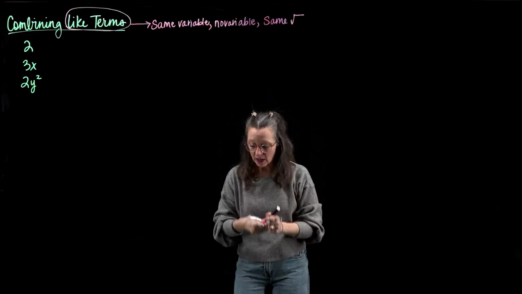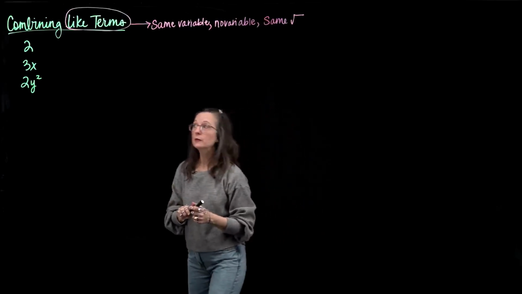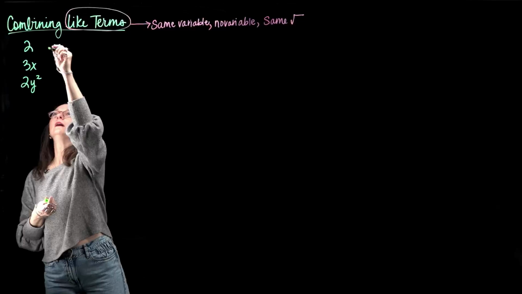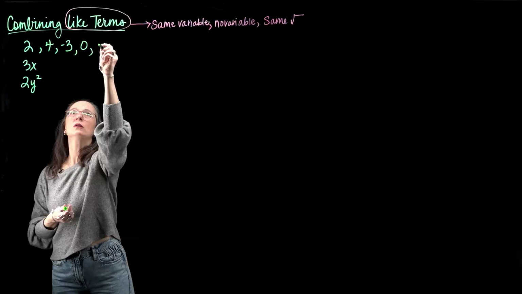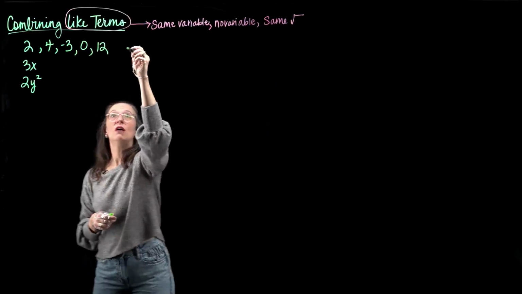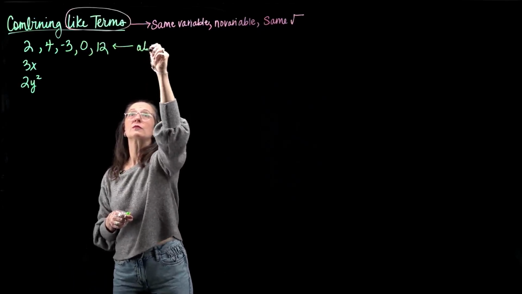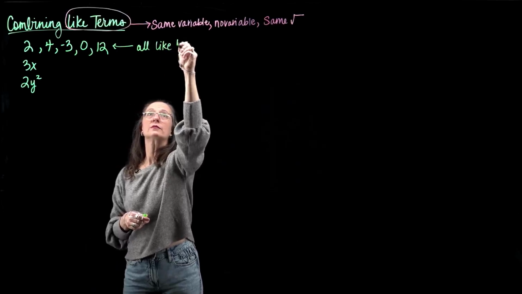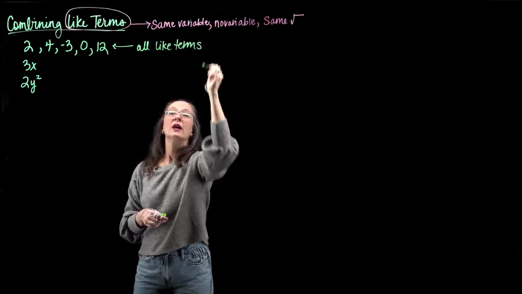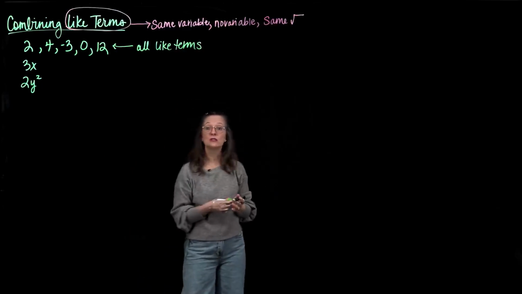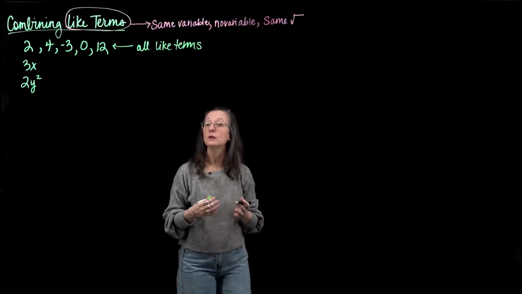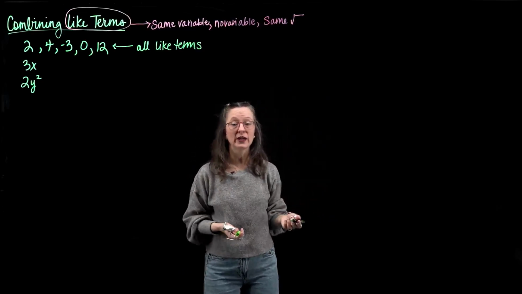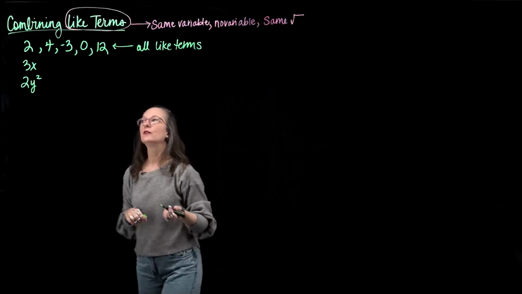All right, so when we talk about like terms, 2, 4, -3, 0, 12, these are all like terms. They don't have a variable. They're just numbers. So they could all be combined if we saw them in an expression or an equation. 3x.